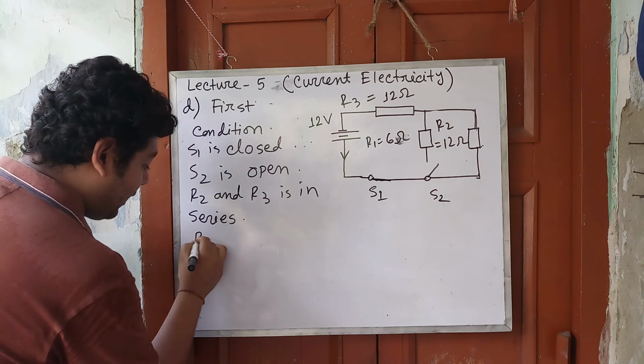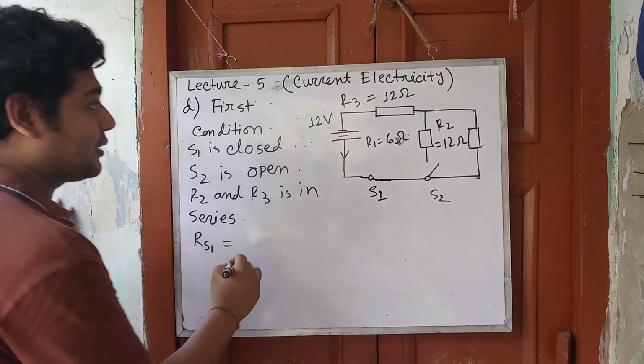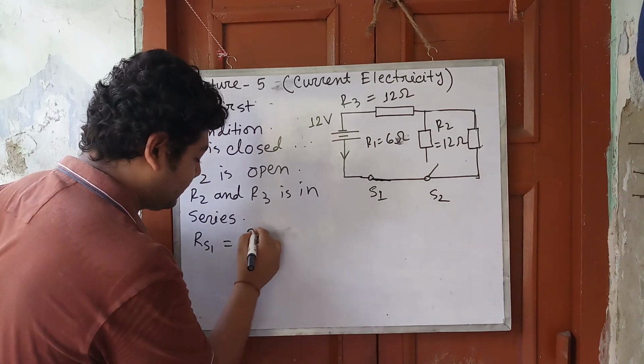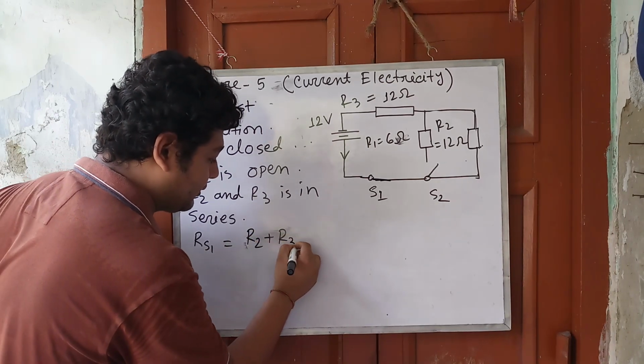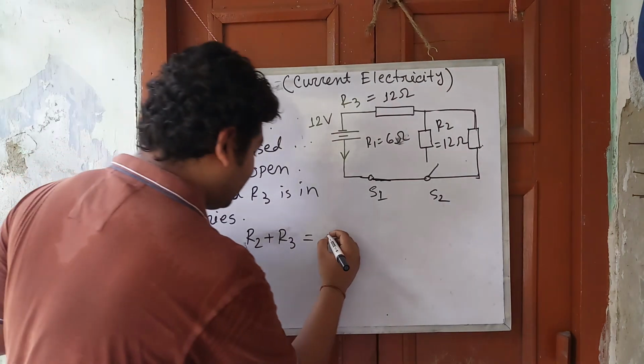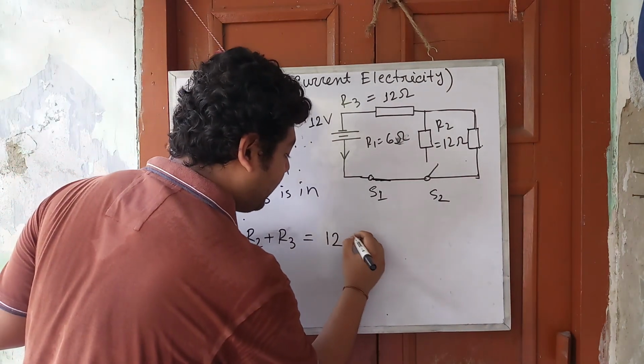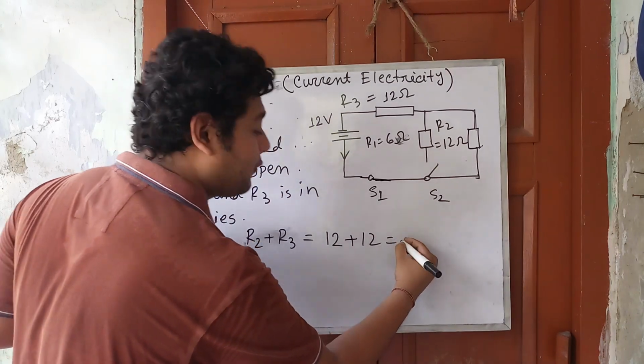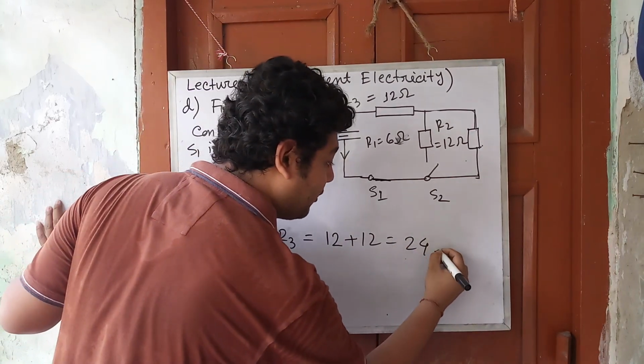So RS1 is R2 plus R3, which is 12 plus 12, and the total equivalent resistance for our first condition is 24 ohm.